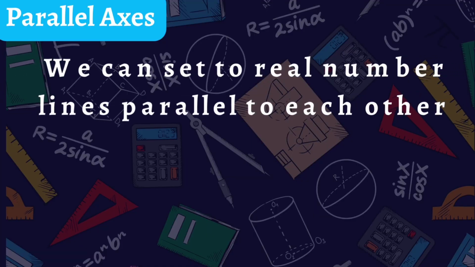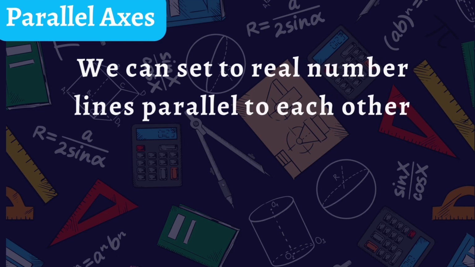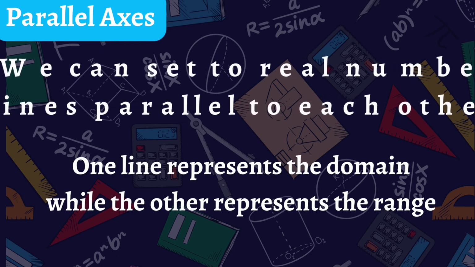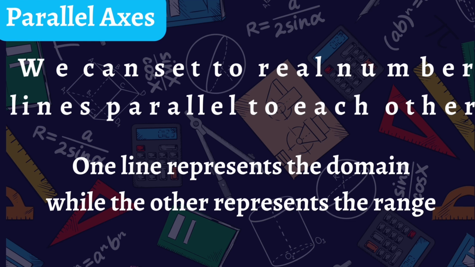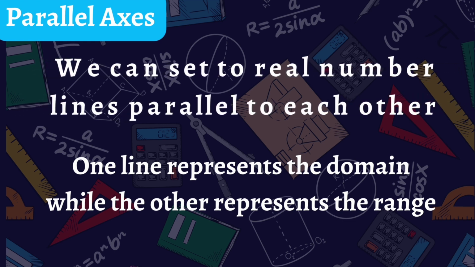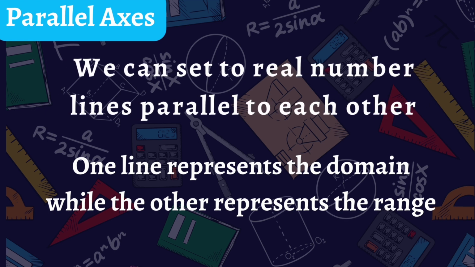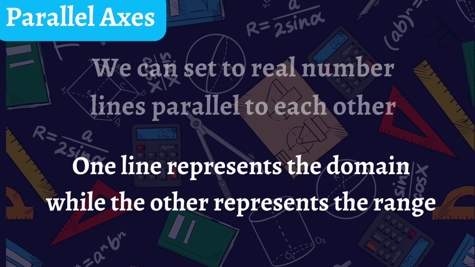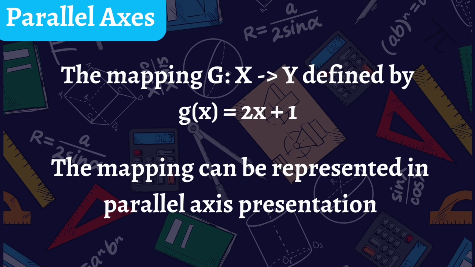Moving to the next form of graphical representation, we have the parallel axis, which are actually number lines drawn parallel to each other. One of these number lines is the domain, while the other is the range. After evaluating the function, we then use lines to connect numbers from the domain to numbers in the range.